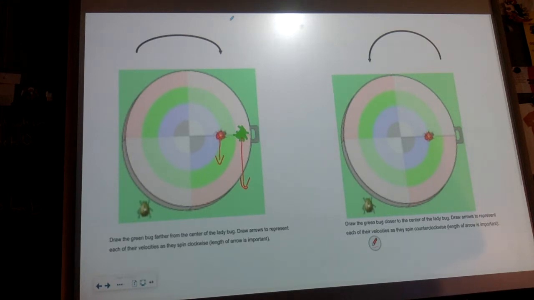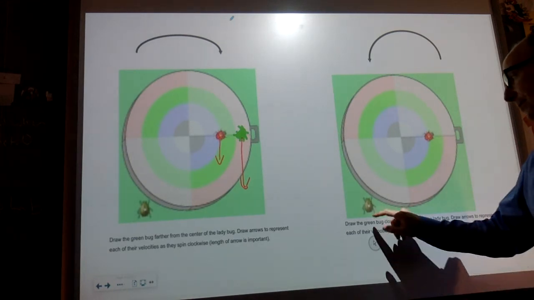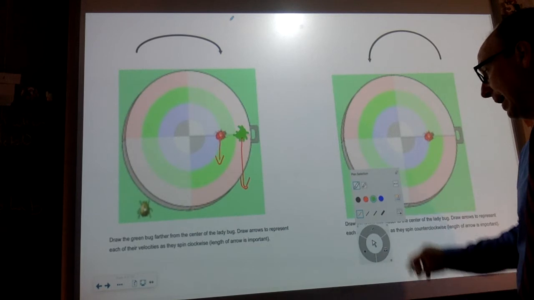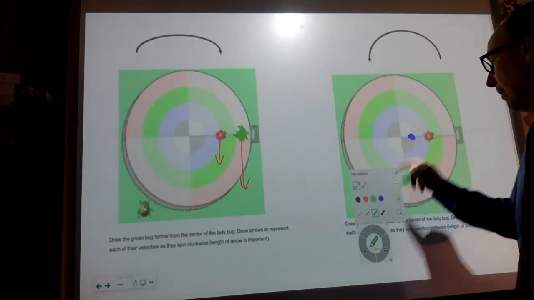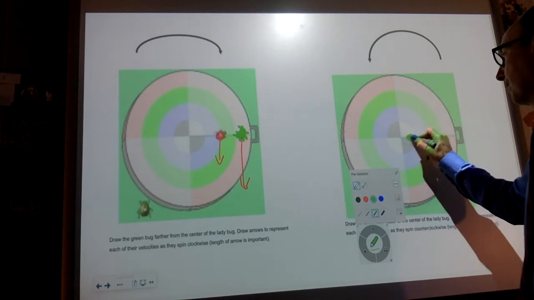All right, now I'm going to put the green bug closer to the center, still trying to put it in line.